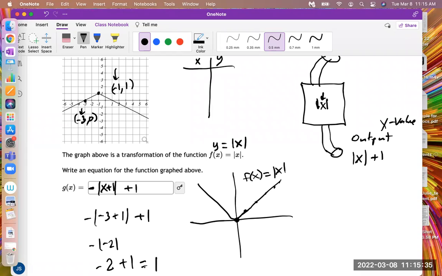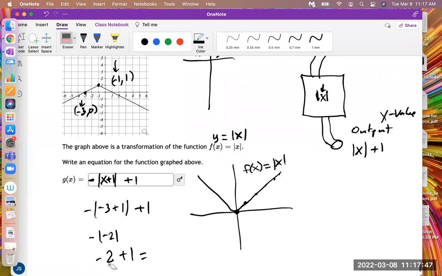I wanted to get 0 when I plug in -3. Okay, oops, I did make an error here. -2 plus 1 is -1. So that's silly.